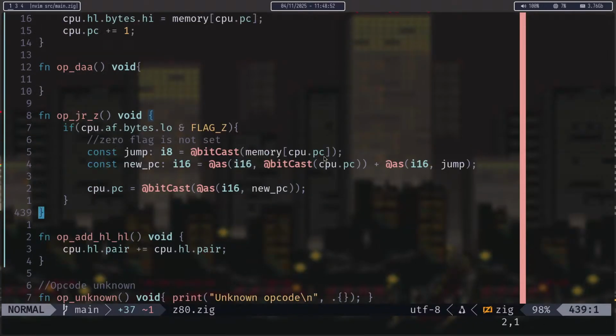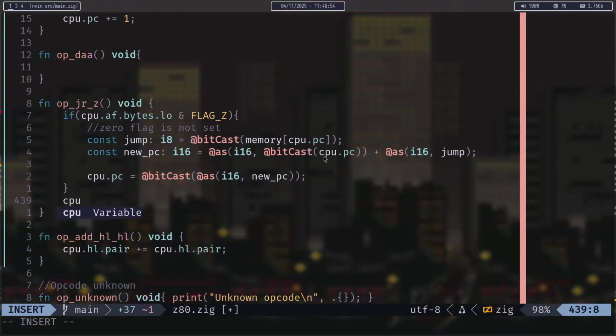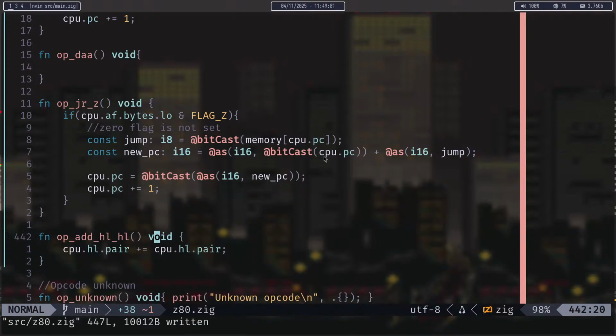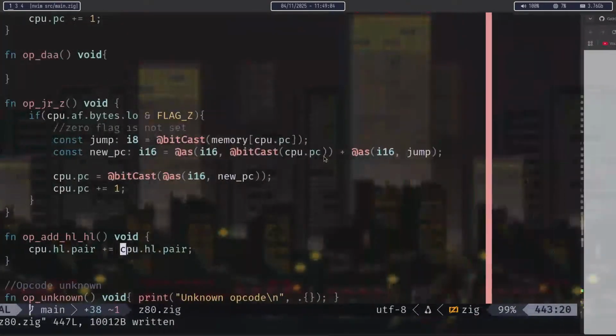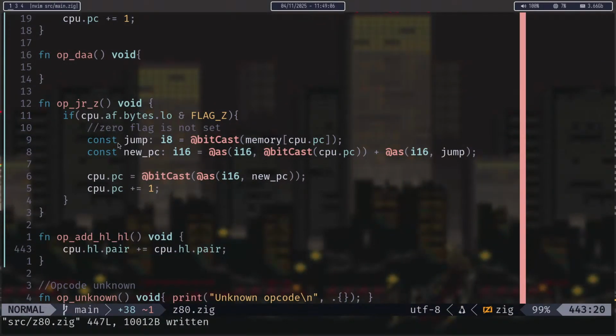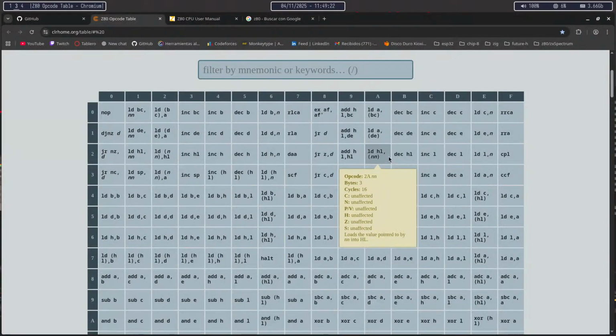I feel like in functions like this, I should also increment it. But for example, in this one, since I've already fetched the byte that is needed for the subcode and I've incremented, I shouldn't increment again. Probably not. Okay.